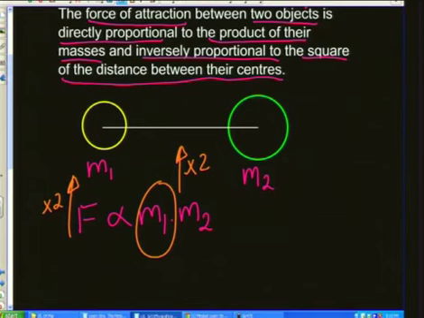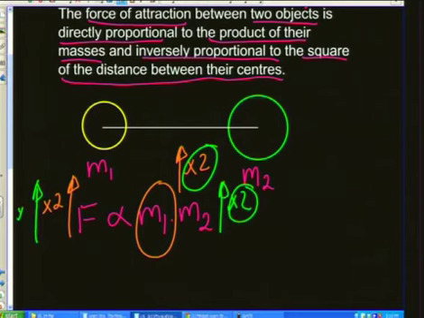Now, how about this? If we increase the mass of m1 and the mass of m2, so now we've multiplied the one side by 2 times 2, which is 4, then we must multiply the other side by another 2, so it's gone up by a factor of 4.